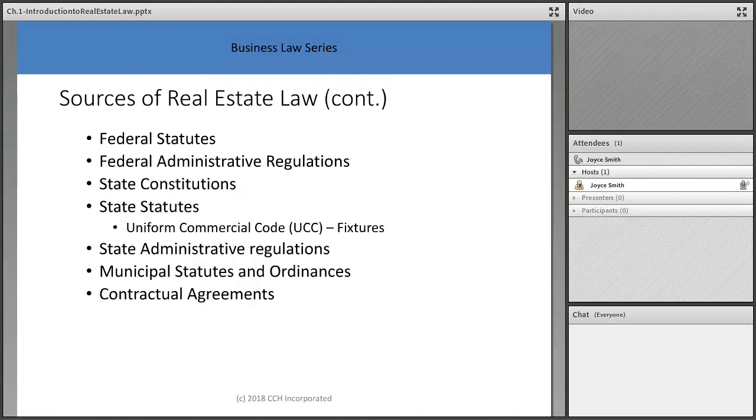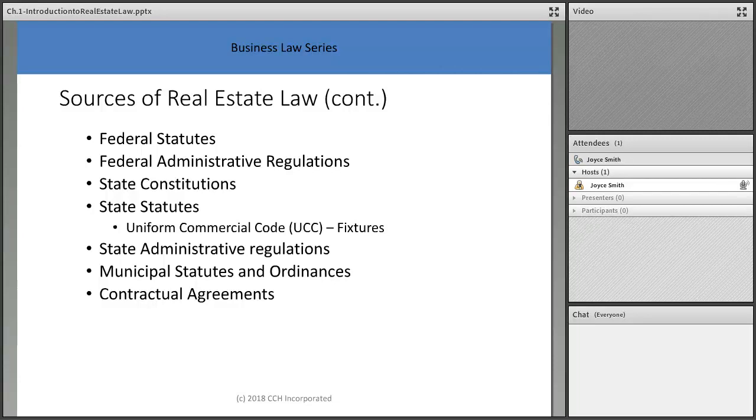Sources of law. We have federal statutes. We have federal administrative regulations that come from agencies. We have state constitutions. We have state statutes, such as the Uniform Commercial Code, UCC, for the fixtures, things in the real estate. We have other state administrative regulations, again, organizations, the Realtor Board or the Division of Real Estate, things that can set administrative regulations or rules.